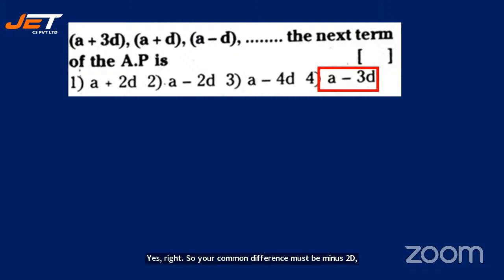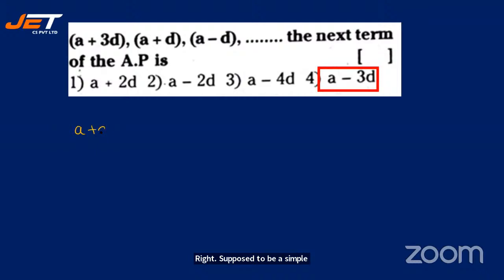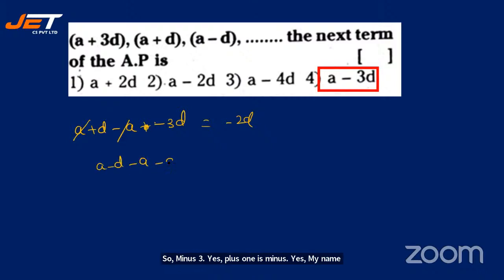Yes, right. So your common difference must be minus 2D, isn't it? So minus 2D must be added to the third term. It's supposed to be a simple question, but many students see T2 minus T1 as plus A minus A. So minus 3D plus D is minus 2D, your third term minus second term.